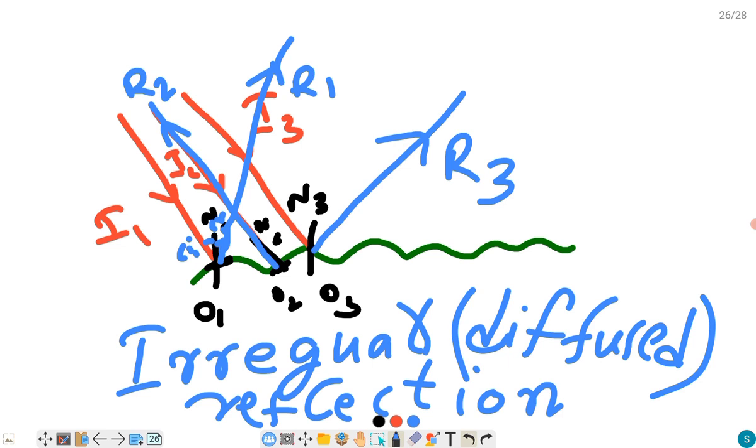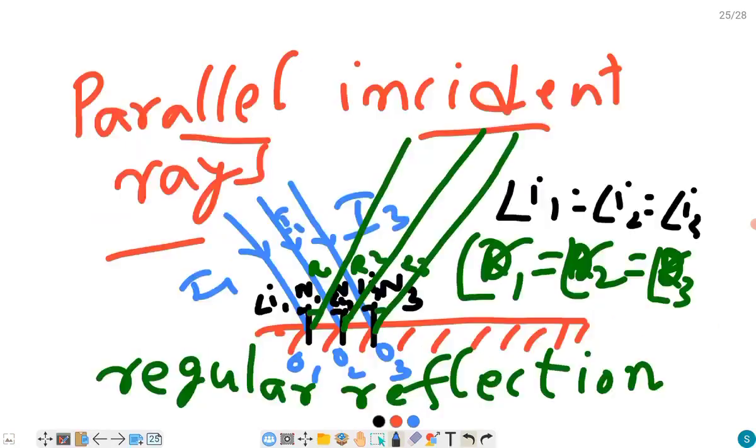But what is happening is that as the incident rays are incident on different positions, their normals are shifted. In regular reflection, if you see, the normals are parallel to each other.